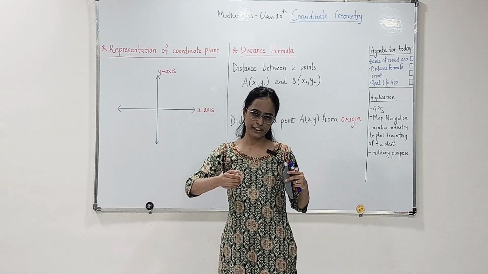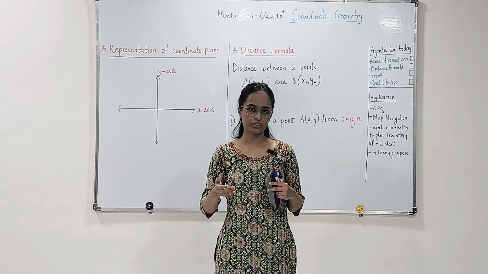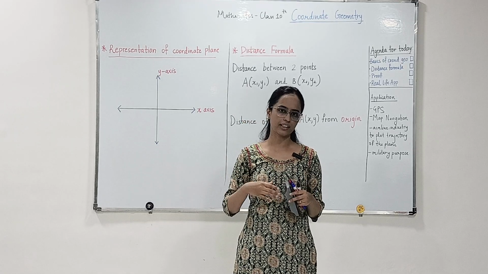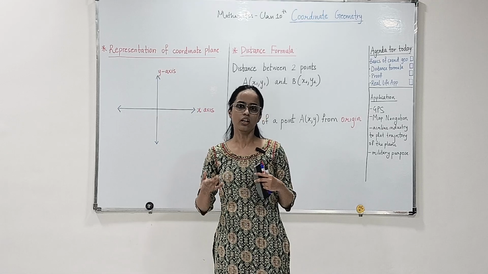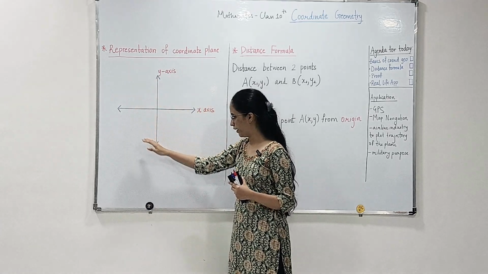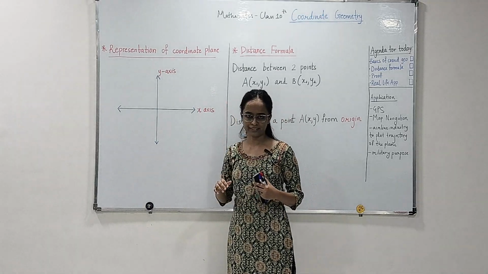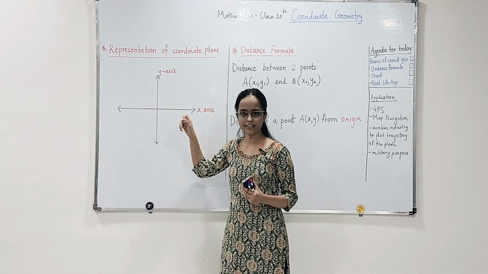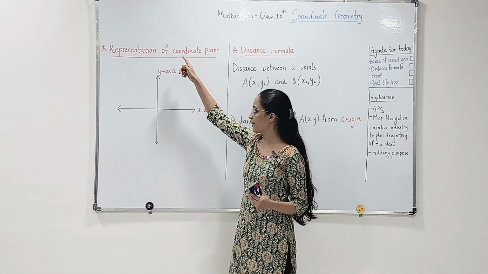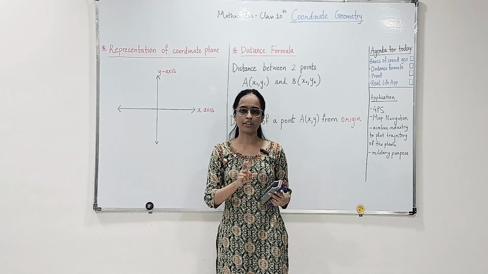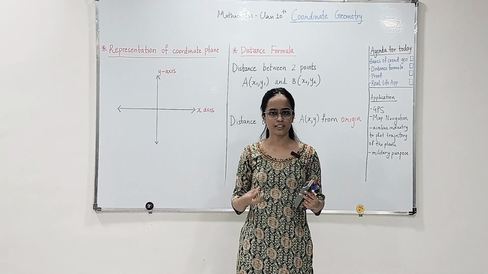When you say 3D, there are three dimensions to any particular point or figure, and the third axis in a three-dimensional plane would be the z-axis. So this arrangement wherein you have two axes perpendicular to each other, such that the horizontal axis is the x-axis and the vertical axis is the y-axis, is called a coordinate plane, or a Cartesian plane.